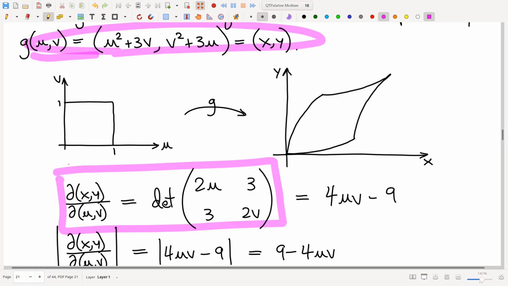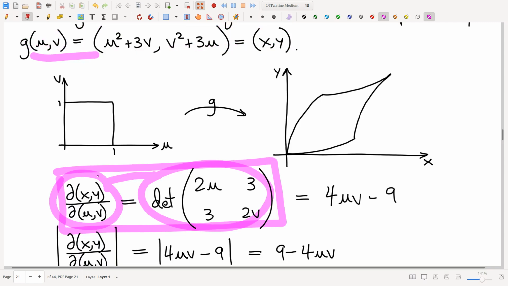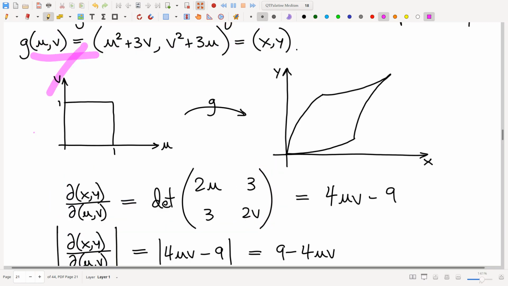Anyway, there's your derivative matrix. We're taking the determinant of it. Keep in mind that this notation, this sort of fake fractional notation, is the determinant of the matrix. It's not the matrix itself. And this is an easy determinant to compute. We get this right here. Everything seems to be cool.